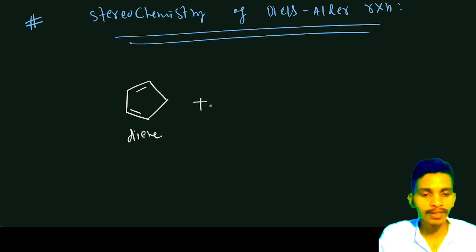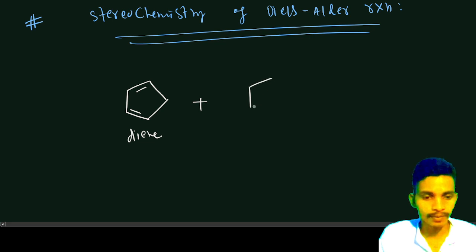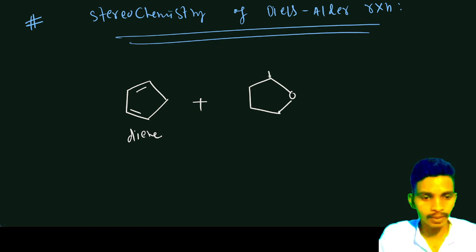Now the dienophile is this one. Here let's say we have this type of electron withdrawing group. This is the dienophile.